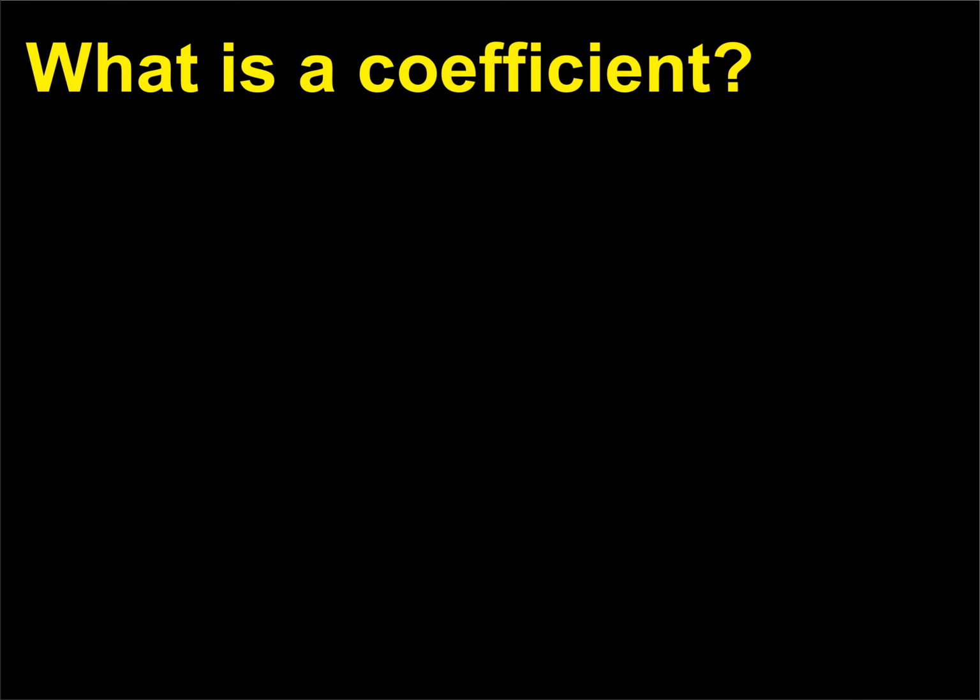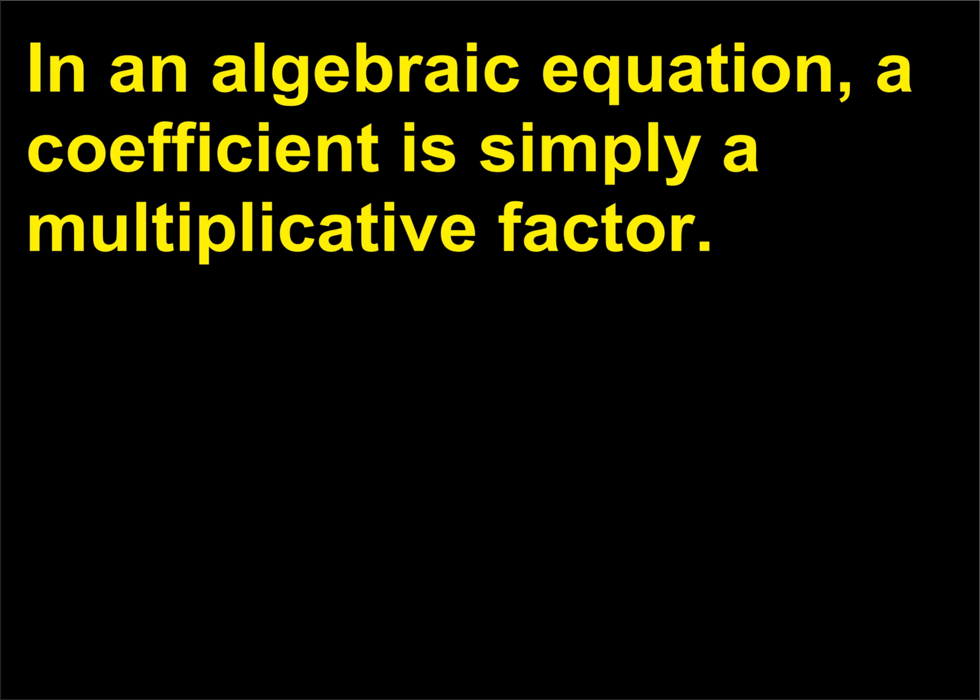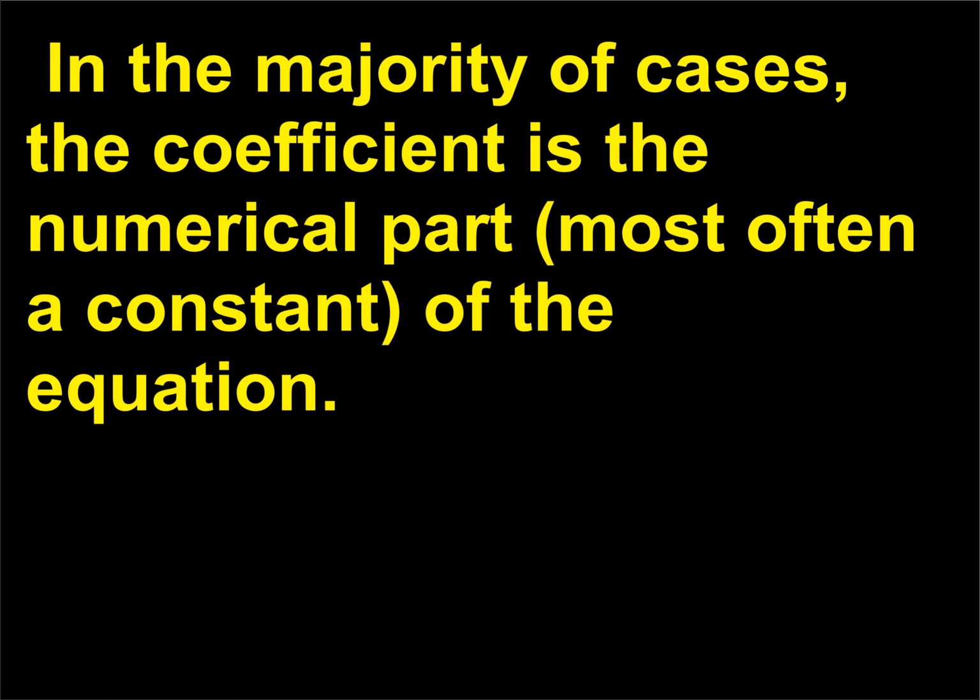What is a coefficient? In an algebraic equation, a coefficient is simply a multiplicative factor. In the majority of cases, the coefficient is the numerical part, most often a constant, of the equation.